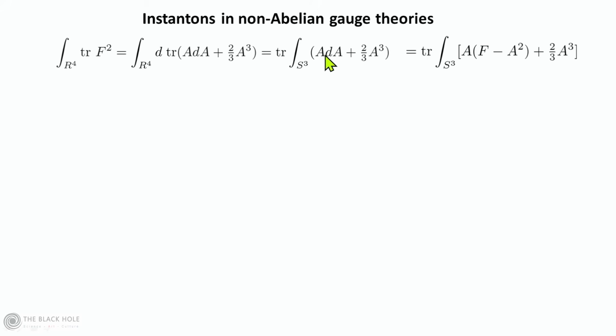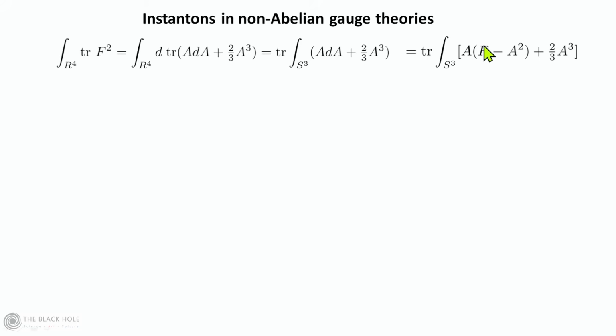Now this dA is equal to F minus A squared. Why? Because F is equal to dA plus A squared. So we have this, and 2/3 A cubed remains where it is.